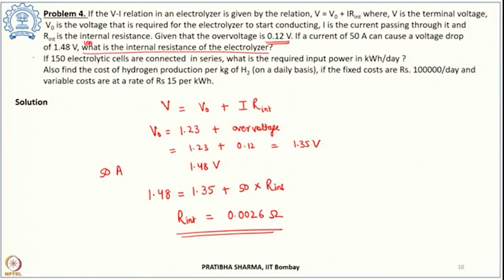Now, the second part says if we have an electrolyzer with 150 electrolytic cells connected in series, we have to find out the required input power, and that has to be found in kilowatt hour per day.